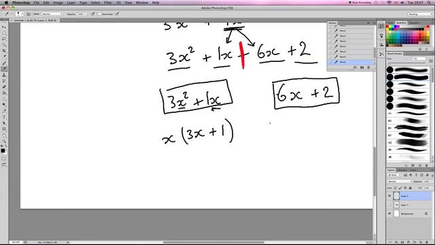I'm going to look at this one now. Again, I need to look at what factors I can take out of 6x and 2. They both divide by 2, and that is one of the factors. So I can call this x plus 1. If I multiply this out, it should give me this one. Likewise, if I multiply this one out, it should give me this one here.